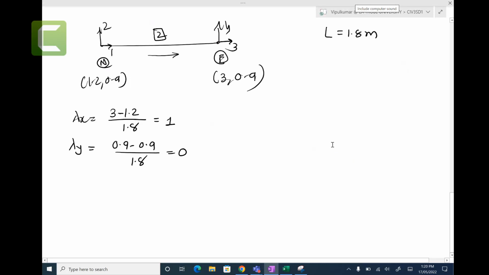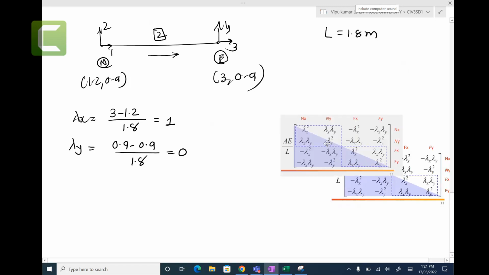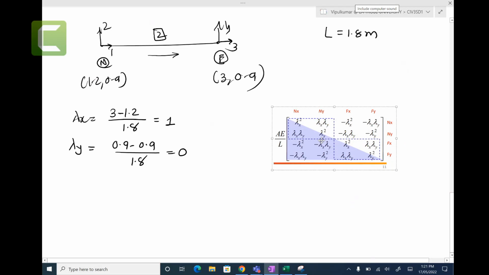If I have a horizontal member or a vertical member, that is better, because one of the terms would be 0.